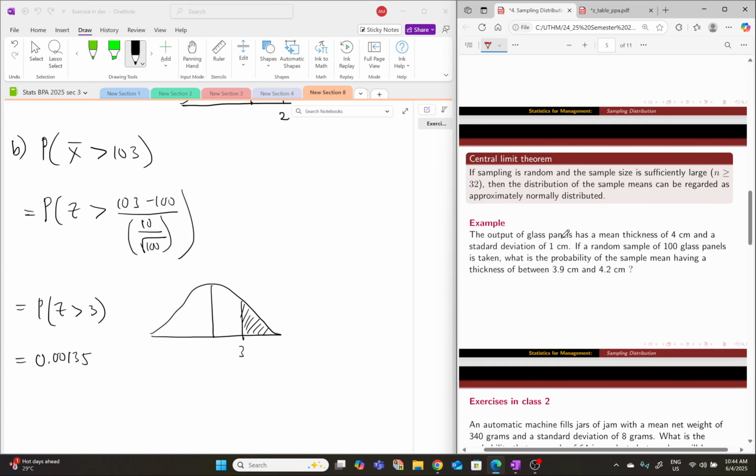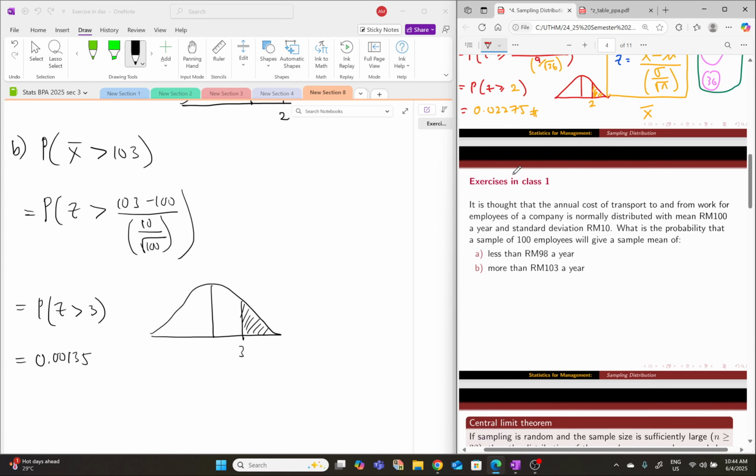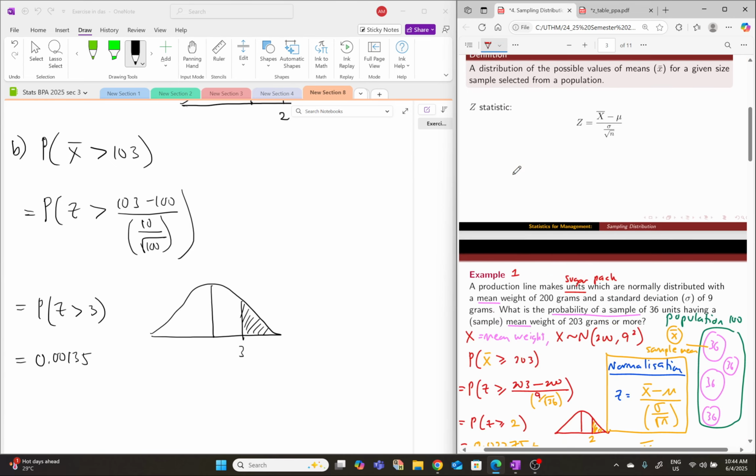It is a theorem telling that the theorem name is central limit theorem. In short we call it as CLT, central limit theorem. Now, what does this theorem tell? But before I go with this theorem, just want to highlight something here.